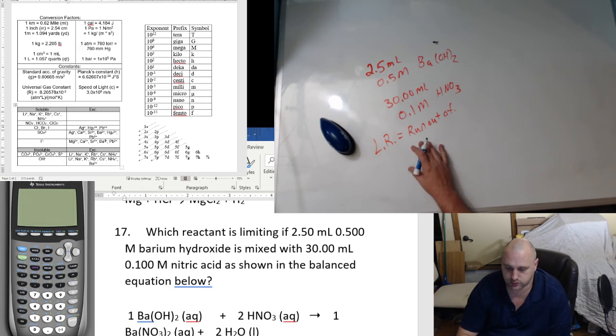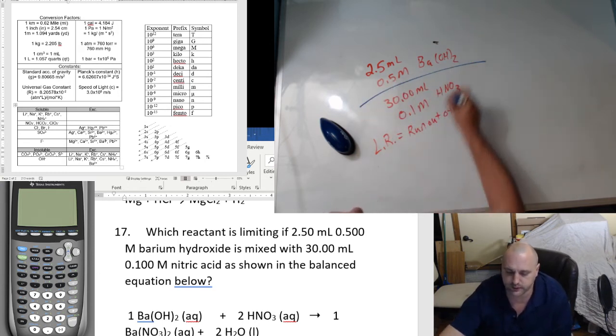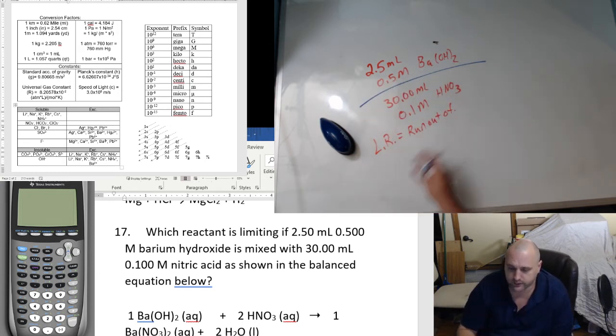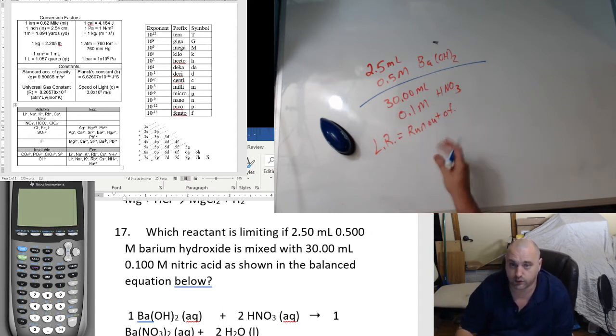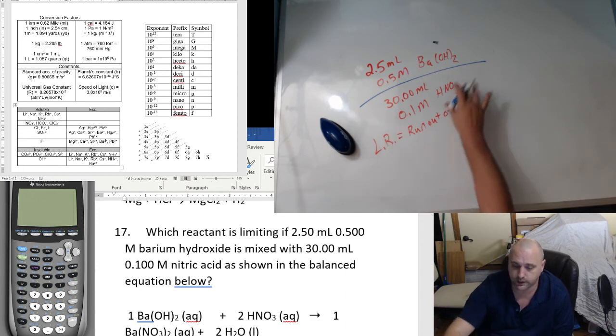So we'll split this into 2 parts. And I'm going to go ahead and take it on to my barium nitrate because that's easy enough. And actually, I can see the next question is going to be asking about barium nitrate, and it says how many grams are produced. So I'm going to get ahead on this.